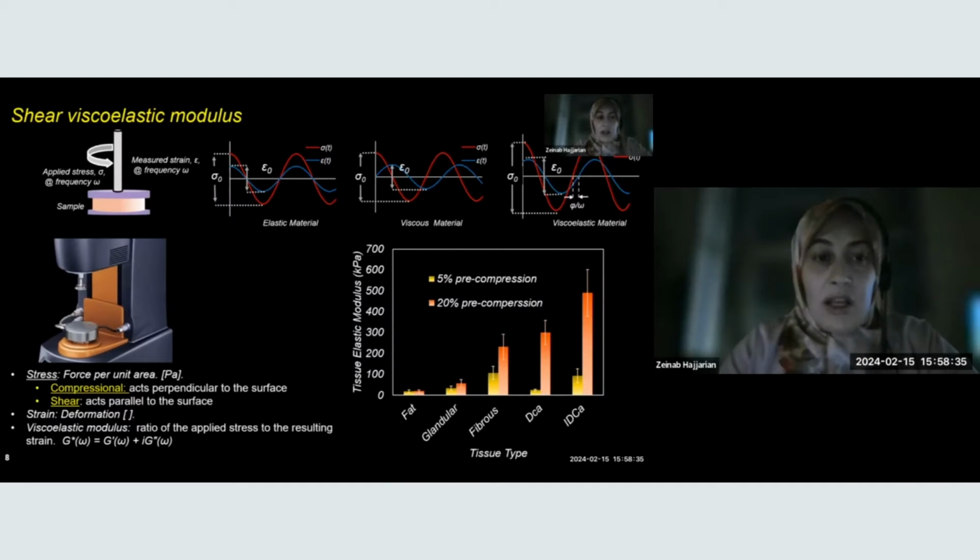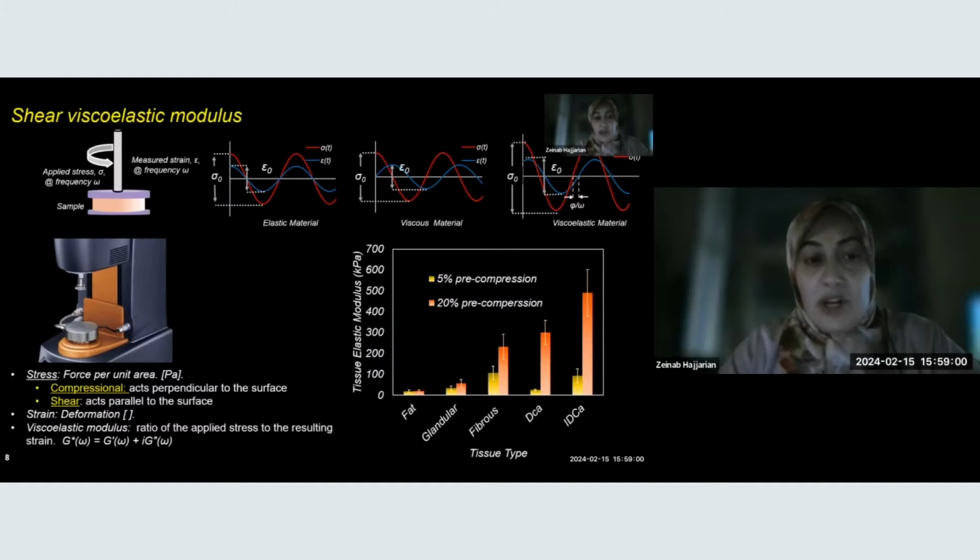They are not just elastic solids, they exhibit both liquid-like and solid-like behavior. And this is best explained by a quantity called the shear viscoelastic modulus. The mechanical properties of tissue or any other material are usually quantified by measuring the response of that material to an applied external load.